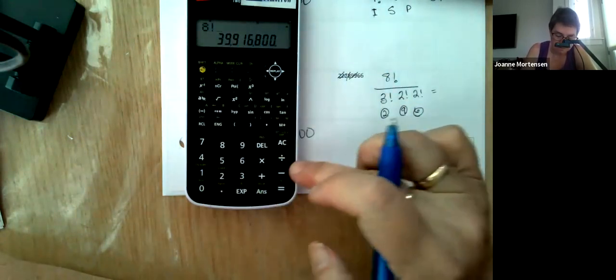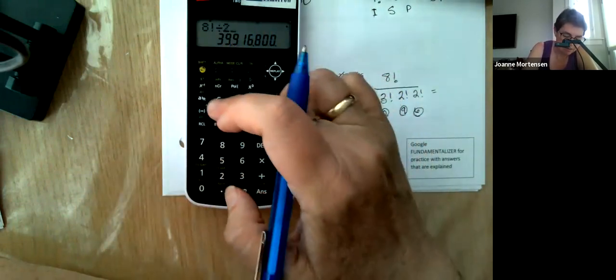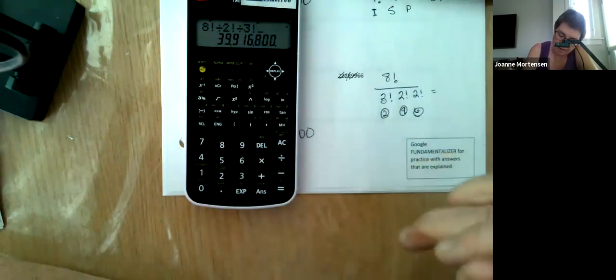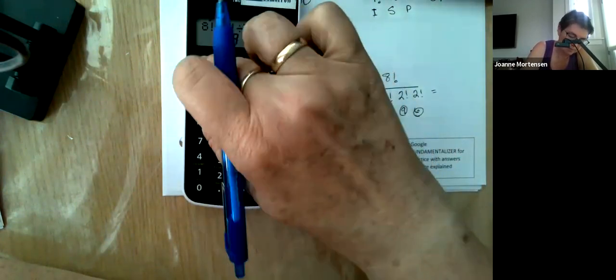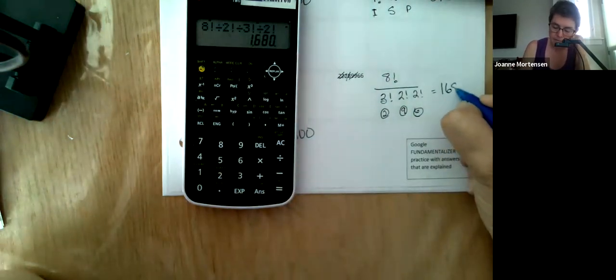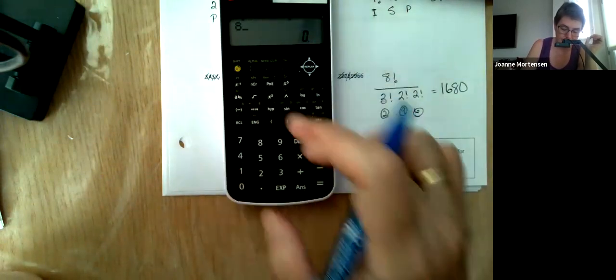8 factorial divided by 2 factorial. In case you're worried I screwed that up, I can do it in order.